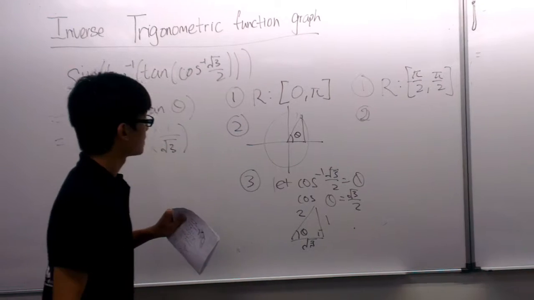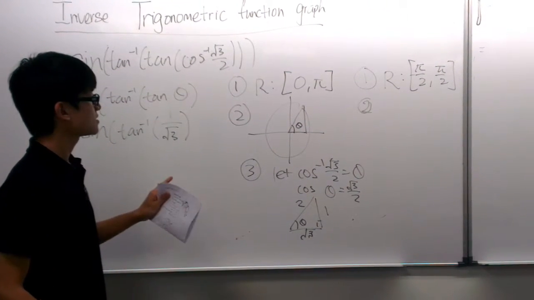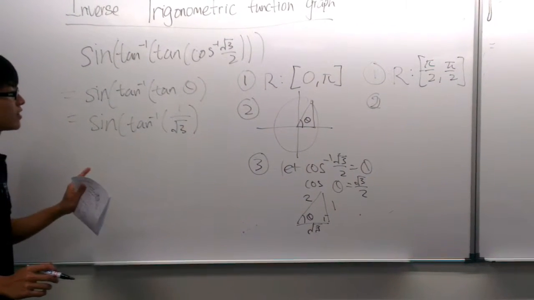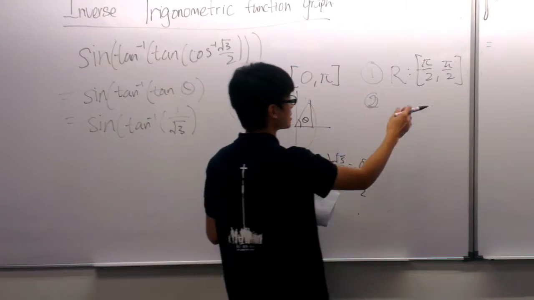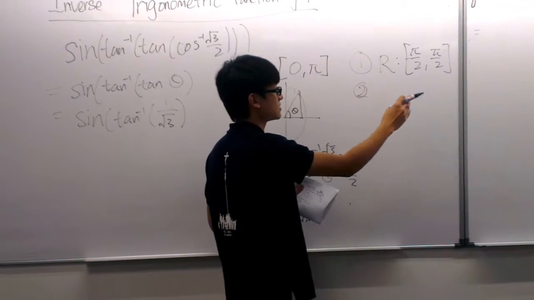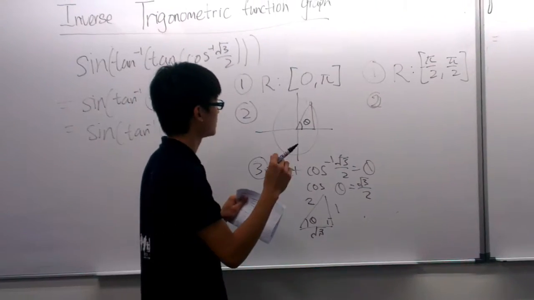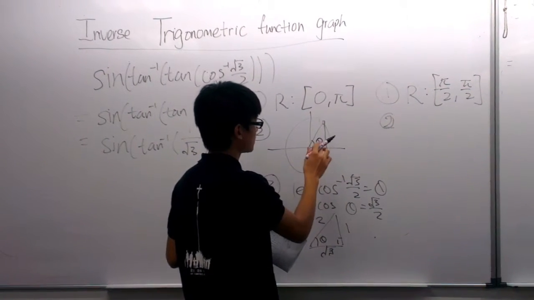And we need to know which quadrant the angle whose tangent is 1/√3 lies on. The range is from negative 90 to 90, so the angle will lie either on the first quadrant or the fourth quadrant.